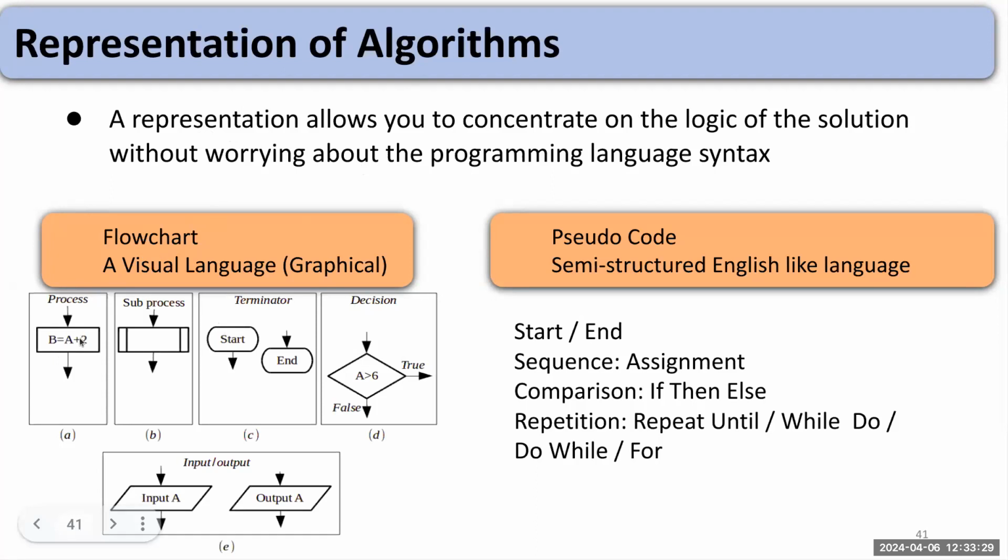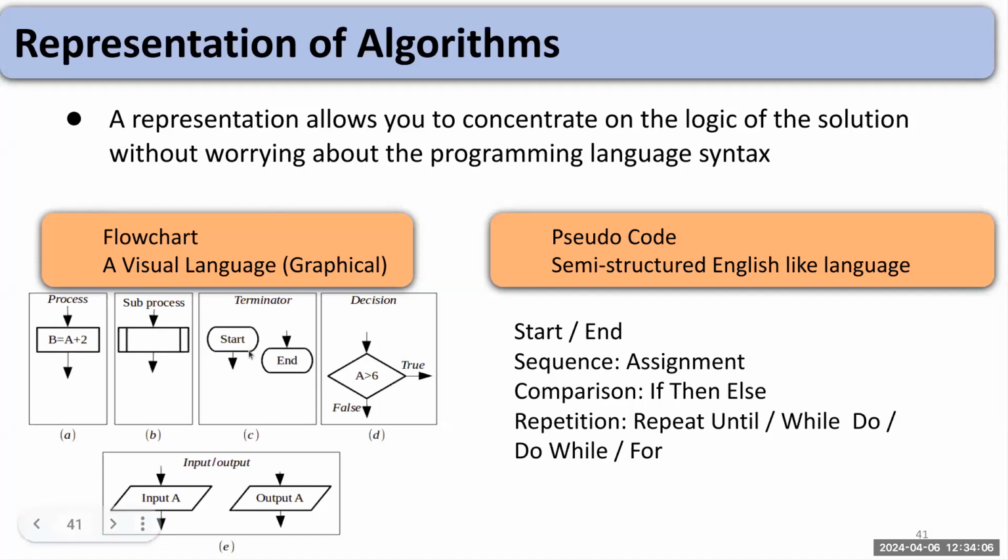This is a process, B equals A plus 2. This is a sub-process. A sub-process is a collection of simple processes. We can write a sub-process separately, get out from the main process, and make a separate flow chart for that sub-process.